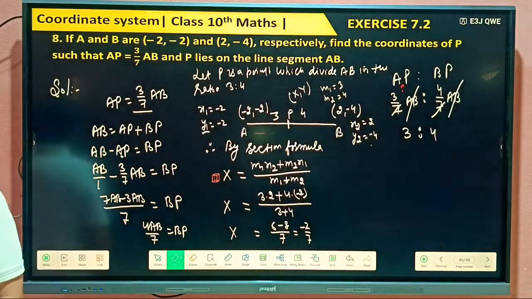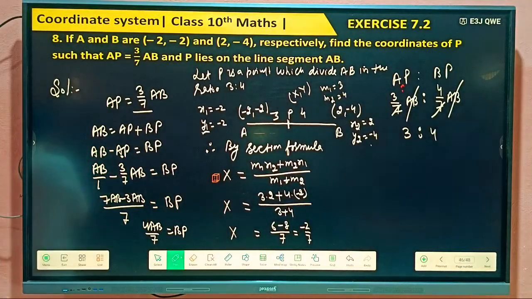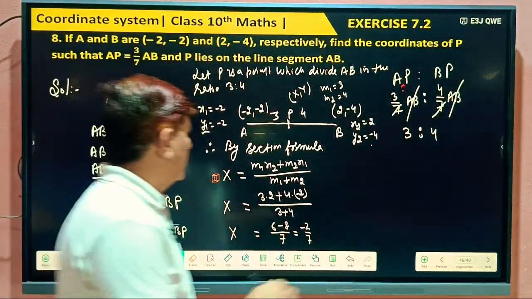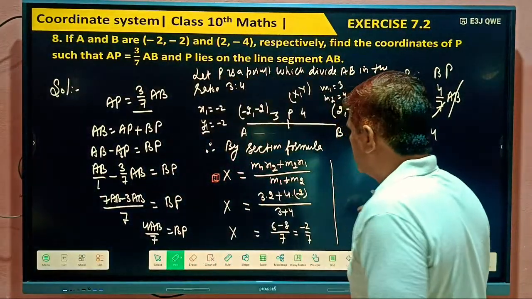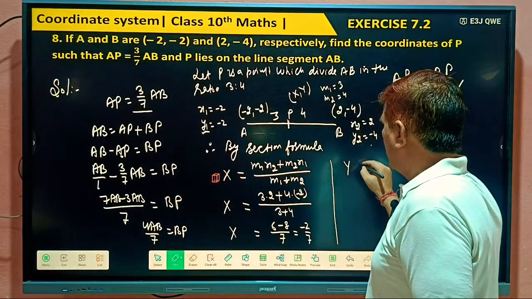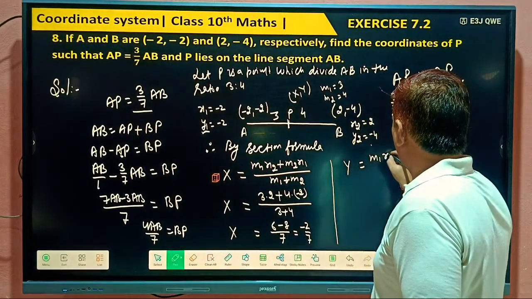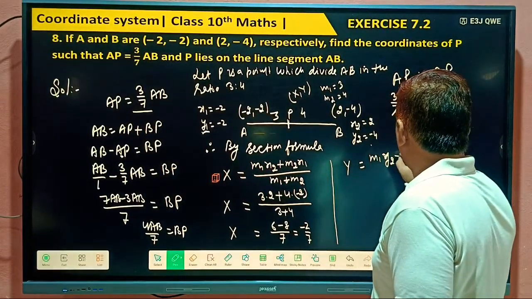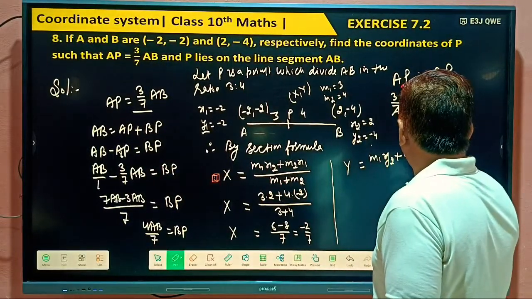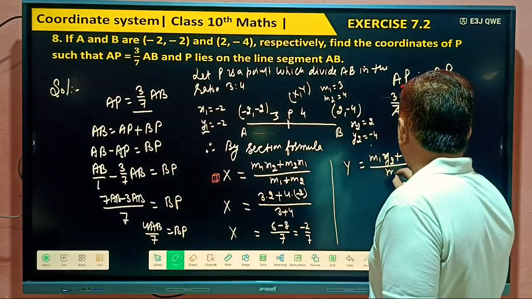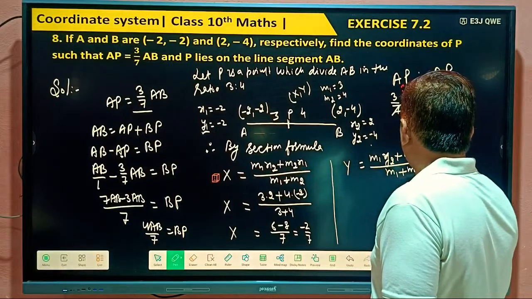So x value is minus 2 by 7. Similarly, y equal to m1 y2 plus m2 y1 by m1 plus m2.